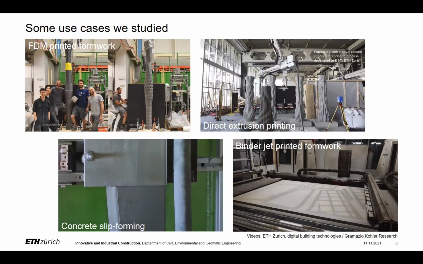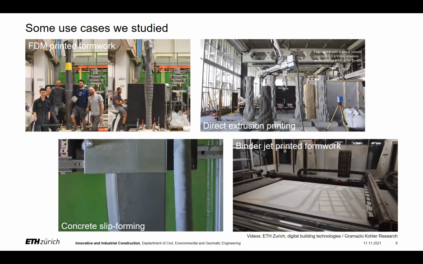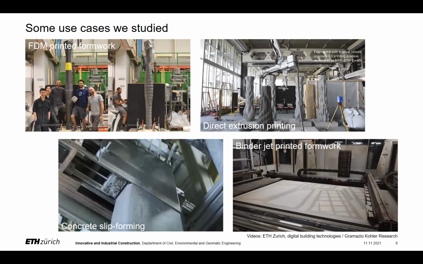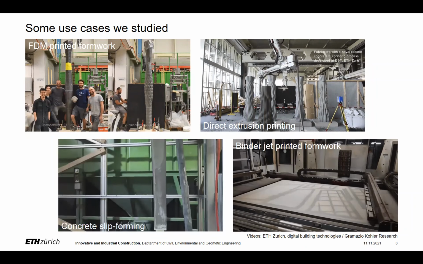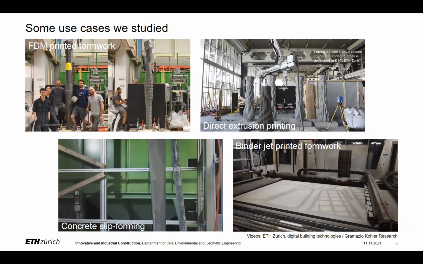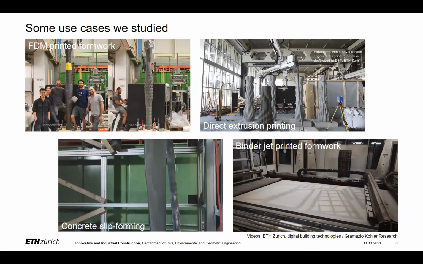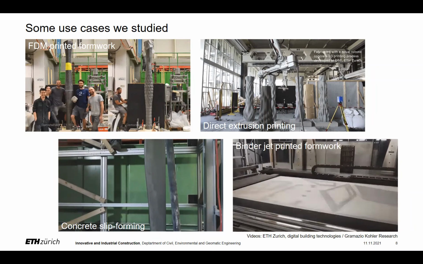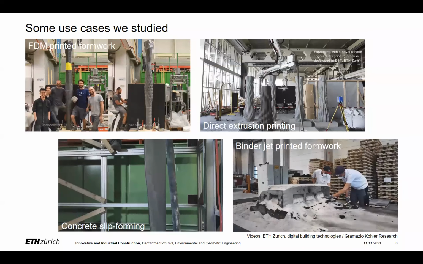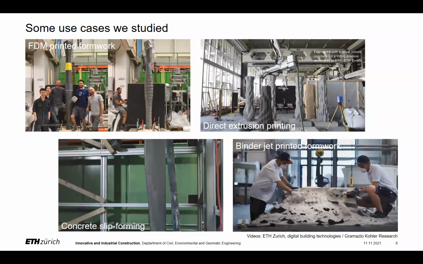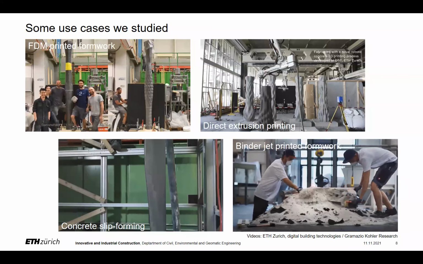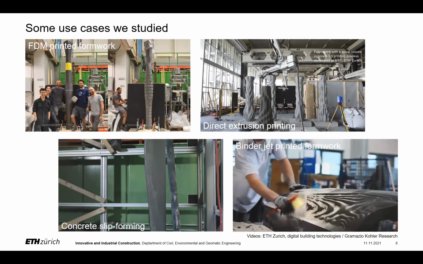There are also other technologies such as concrete slip forming by means of a flexible formwork that can vary the cross-section of, for instance, a column or some other linear building element. And there's binder jet printed formwork, where 3D printing, in this case with a sand binder jet, is used to make large-scale formworks for concrete casting.